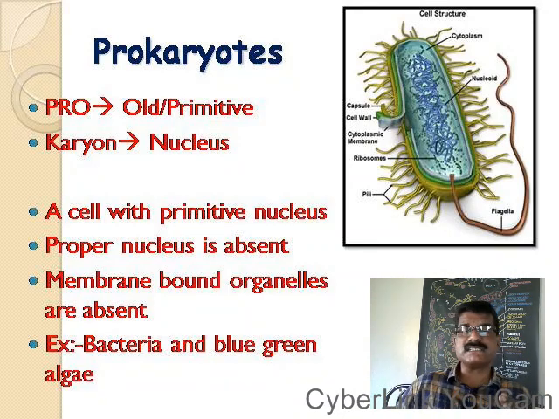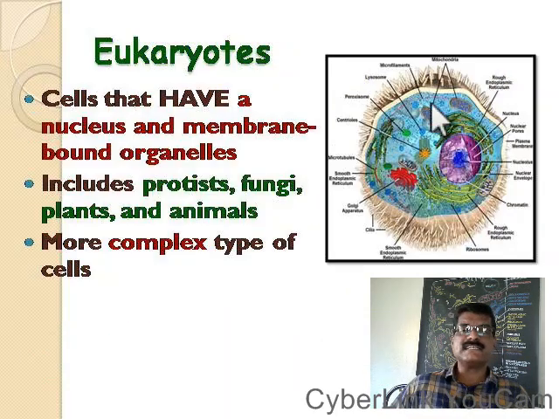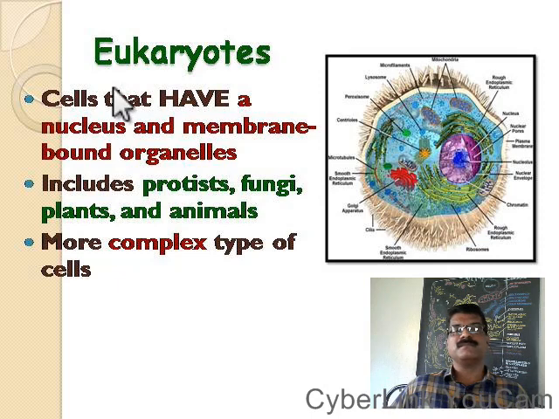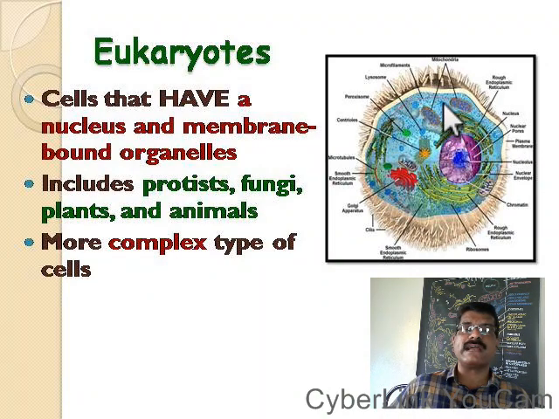Okay, now let us discuss eukaryotes. See, this is a eukaryotic cell. Eu means true and karyon means nucleus. See, a true nucleus is present in this cell. In this cell you can see all the membrane bound organelles like mitochondria, Golgi complex, vacuole and so on.